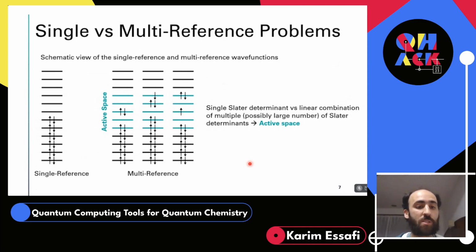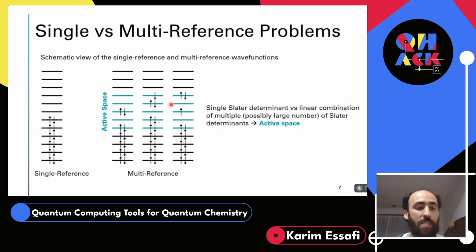Whereas for the multi-reference, as you can see on the right, you need a linear combination of multiple and often very large numbers of Slater determinants. And you have here in teal the active space that you need to take into account for finding the correct wave function of your problem.